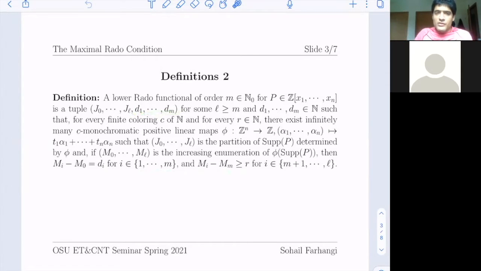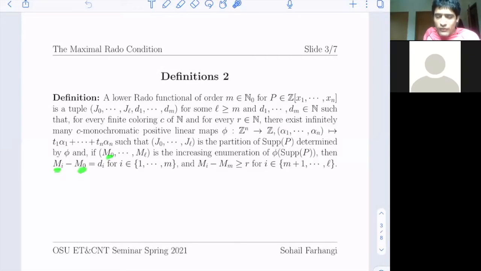And really the only difference between this definition and the definition of upper Rado functional is that here we're taking differences with the smallest element, the smallest value in the image of the support under our map.